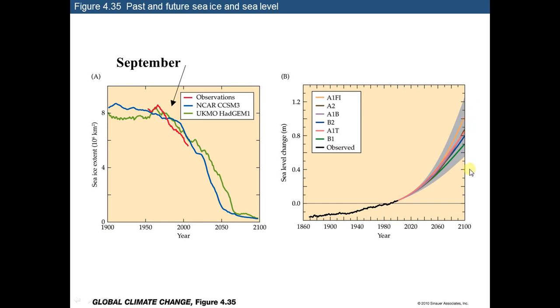So, 0 meter sea level change applies to the year 2000, or just before 2000. So we're basically looking at how sea level is going to change in the 21st century relative to the year 2000, okay?